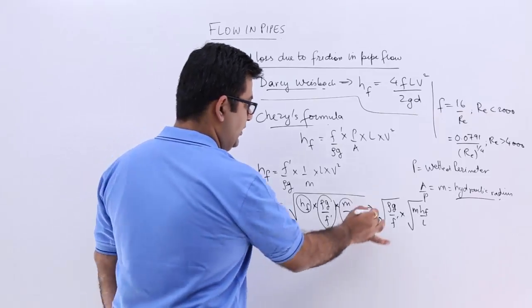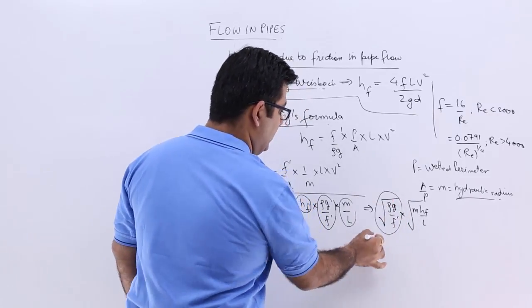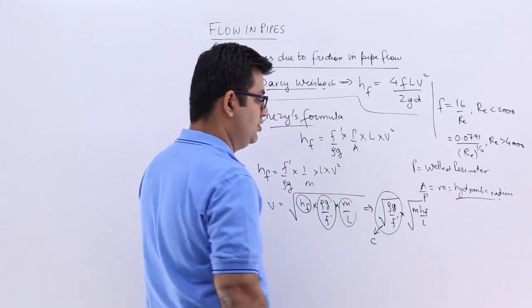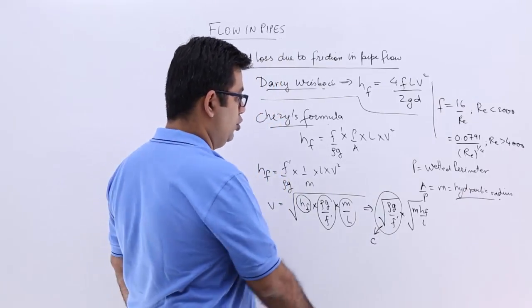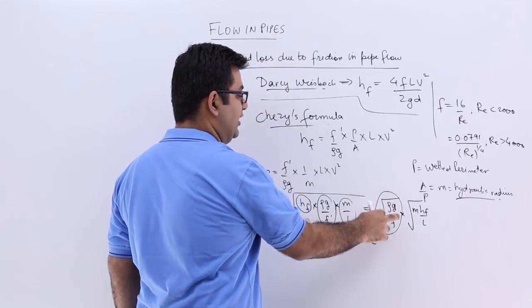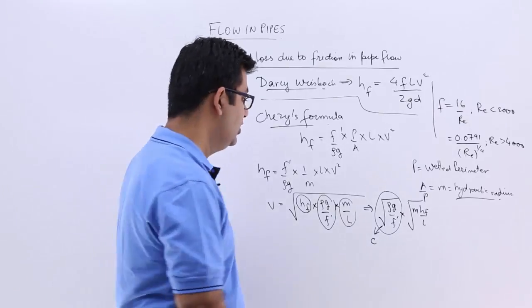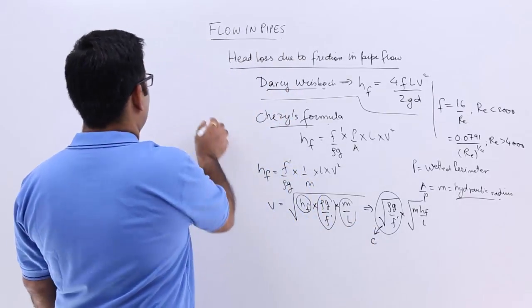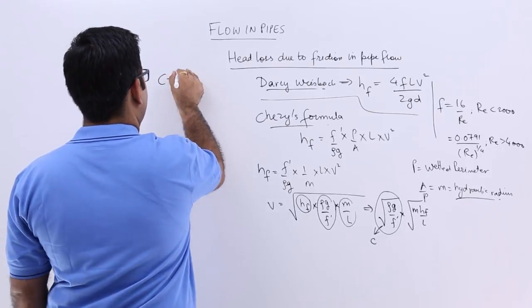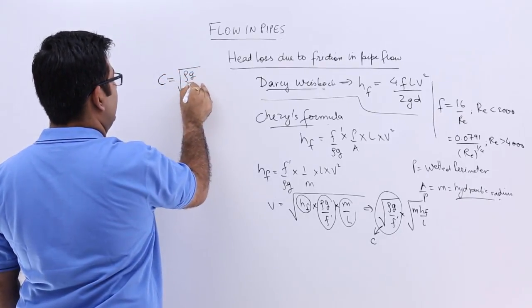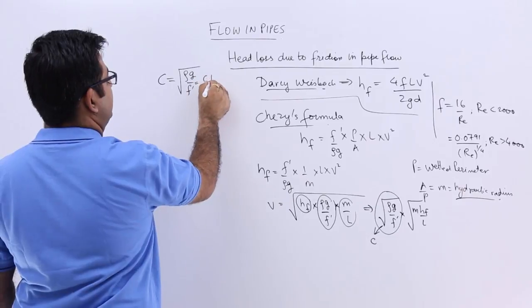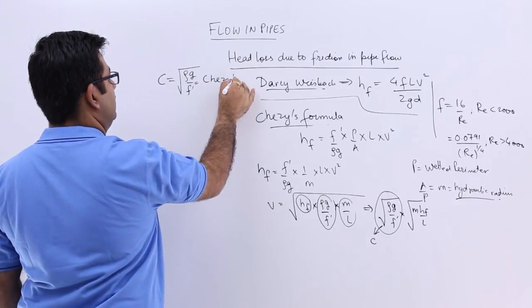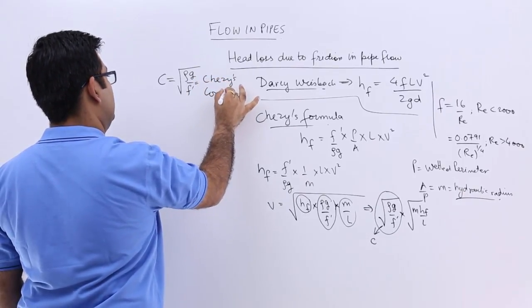This term over here can be put as a constant because rho is a constant, g is a constant, and F dash would also be a constant. So this is called Chezy's constant. Capital C, which is under root rho g upon F dash, is called Chezy's constant.